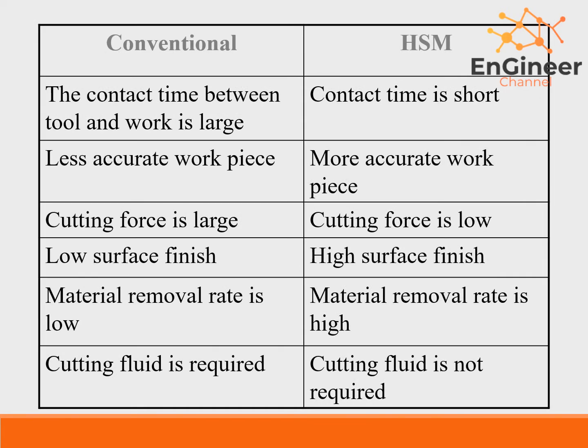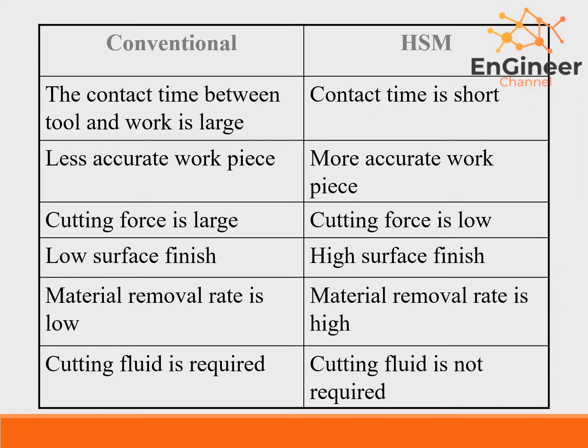Let's see again something we can also compare in conventional and HSM. In conventional, the contact time between tool and work is large, but in HSM, the contact time is short. In the conventional machine, we have a less accurate workpiece. In HSM, we have a more accurate workpiece.